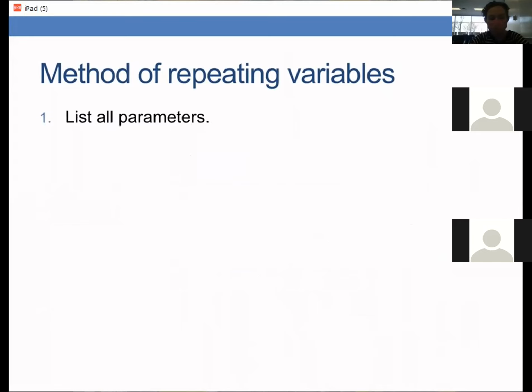So first we list all of the parameters, which were drag force, rho, density and viscosity of our fluid, velocity, and length. That's our parameters. Okay, so n is going to equal the total number. So what's n? 5. N is 5.